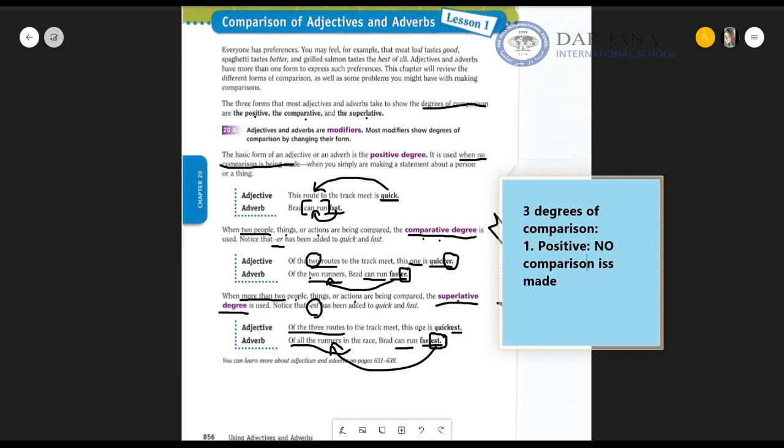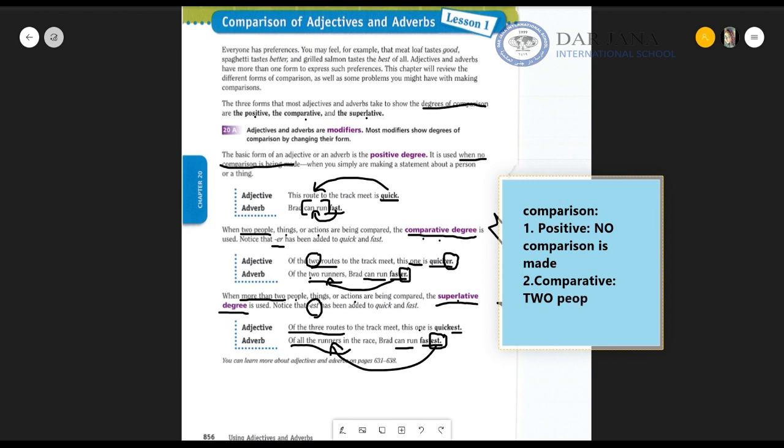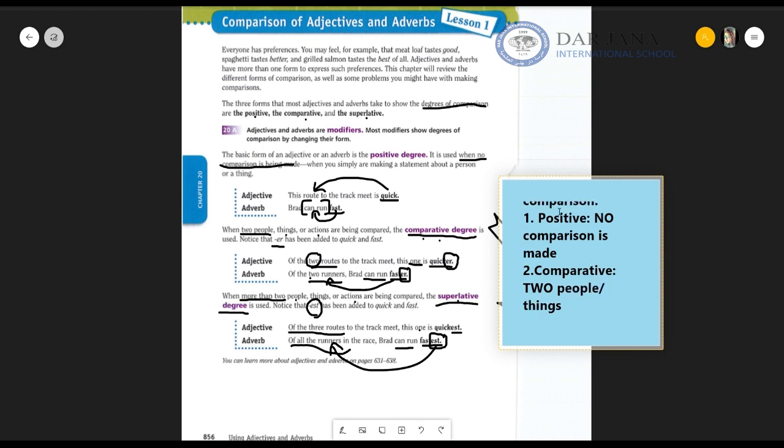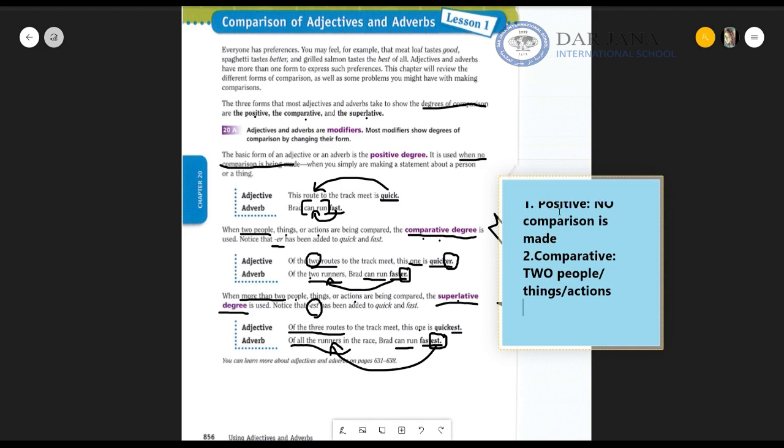The second one being comparative, where two people, things, or actions are being compared.